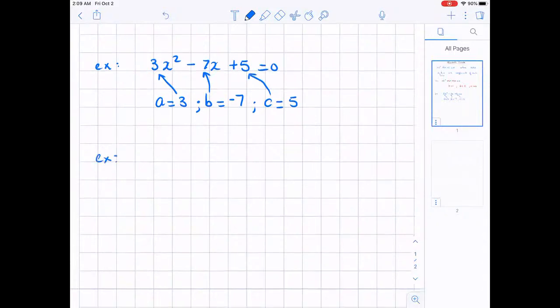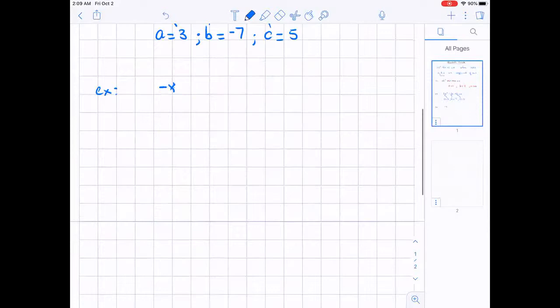Example, minus 8x squared plus 7 equals 0.